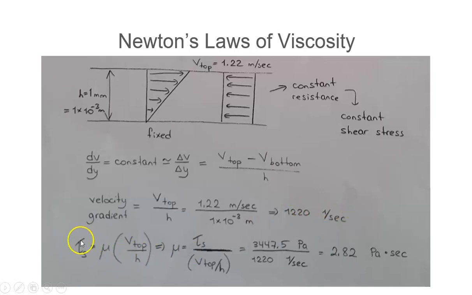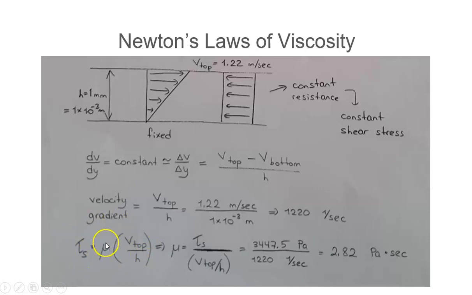Now we know that our shear stress is given as viscosity multiplied by velocity at the top divided by height, because this is normally supposed to be dv/dy, but we found out that dv/dy is equal to v top over h since v bottom is equal to 0. So we have that expression here.